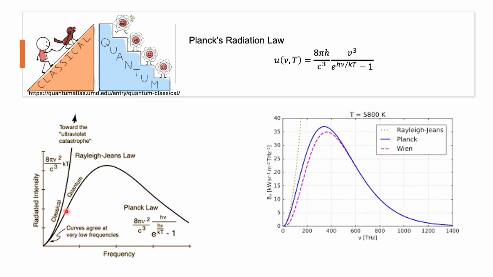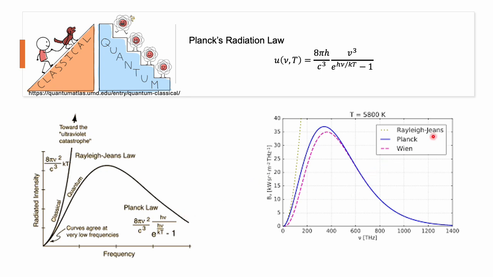As the frequency of electromagnetic radiation increases, the intensity should increase indefinitely, towards the ultraviolet catastrophe. While in quantum, this is the quantum graph, this curve where intensity increases with frequency to a certain point, so there is a peak and then it falls off.